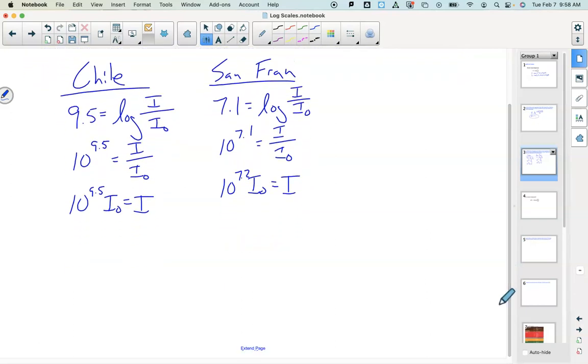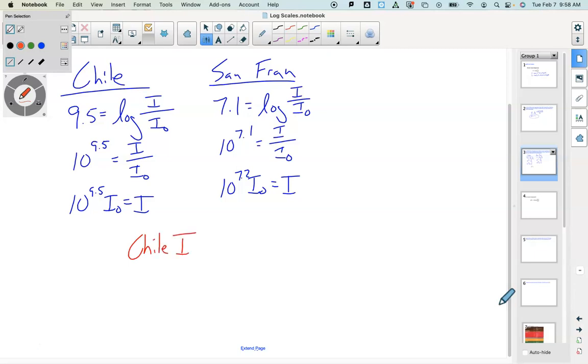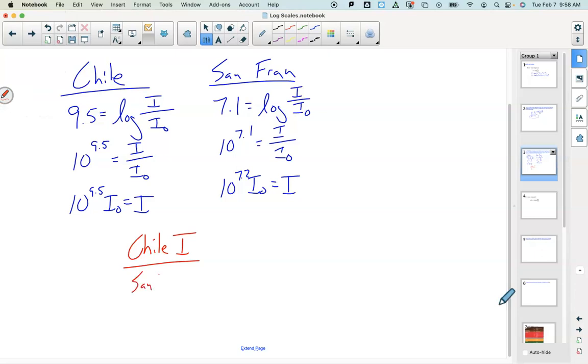Now, as we compare their intensities, let's do a comparison by looking at their ratio. I'm going to take the Chile earthquake intensity and divide it by the San Francisco earthquake's intensity.